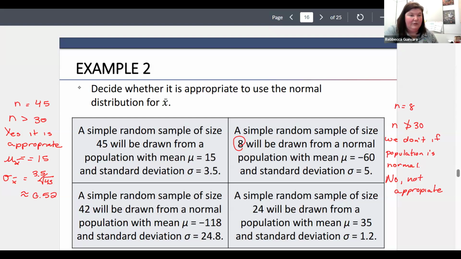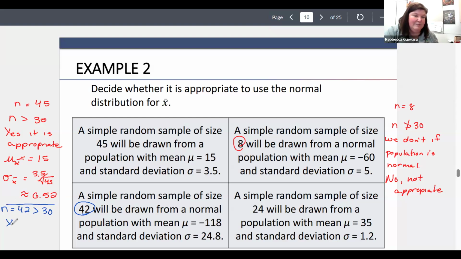Okay, and then for the next one, we have a simple random sample of size 42 drawn from a population with a mean of negative 118 and a standard deviation of 24.8. So my sample size is 42. This is greater than 30.